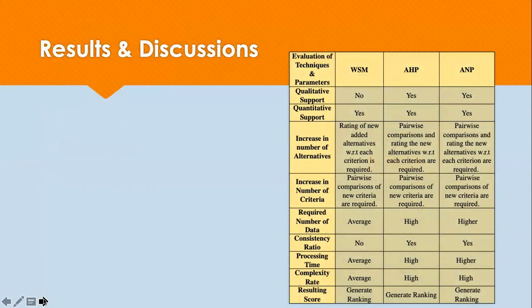Multi-criteria decision-making is an appropriate approach for decision-making problems. Several methods have been proposed for multi-criteria decision-making. Among them, we chose three: the analytical hierarchy process, the weighted scoring method, and the analytical network process.